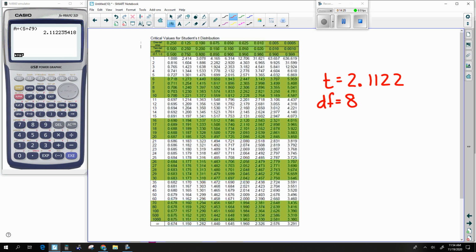We're looking at a degree of freedom of 8. It's that line right there. And I'm looking for 2.1122. That would fall right in between those two numbers, 1.860 and 2.306.